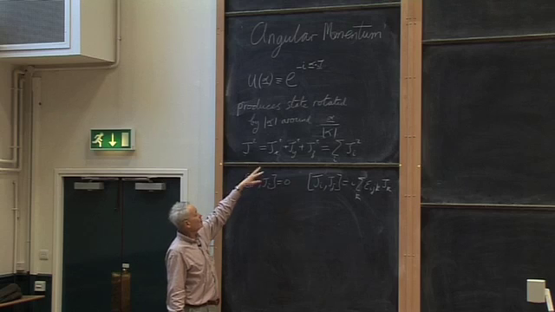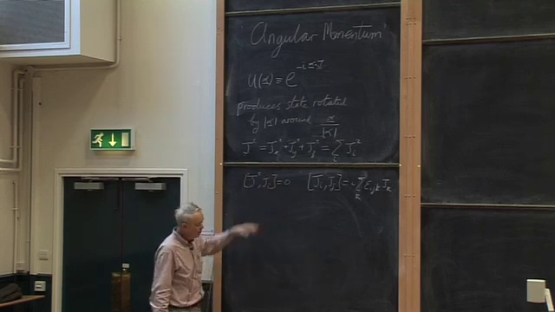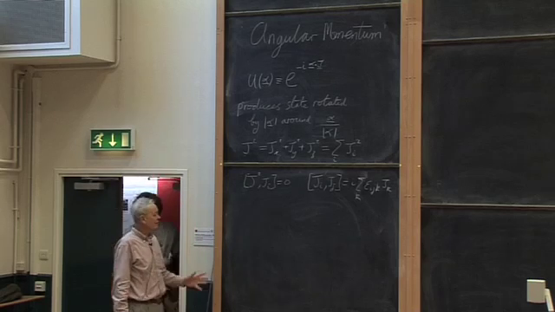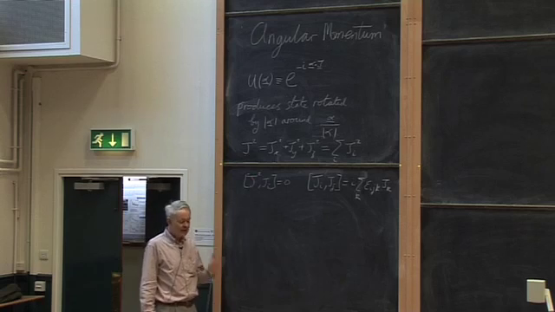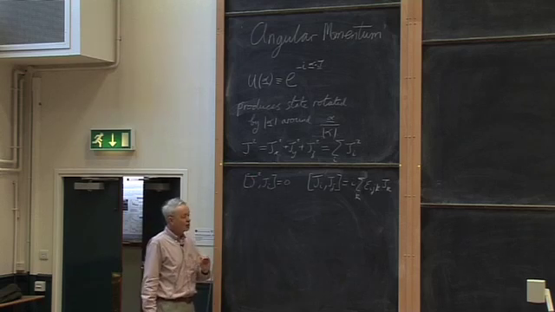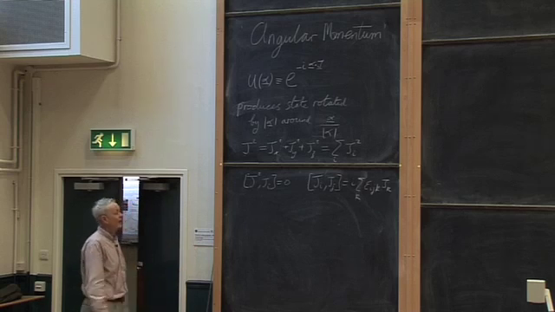When you make a measurement of Jx, Jy, or Jz, there will be possible answers. You'll get a number which belongs to the spectrum of that, and the amplitude for that event strangely encodes the orientation of the object. Right? We need to understand about that.